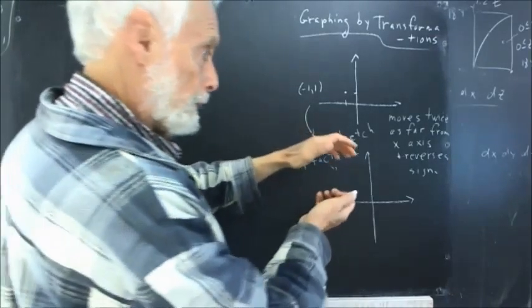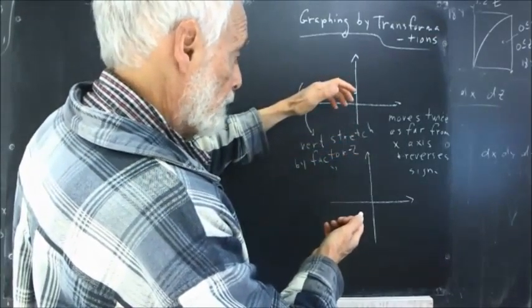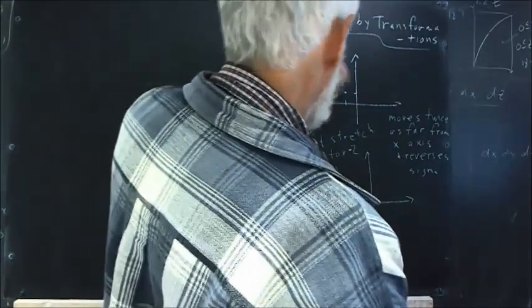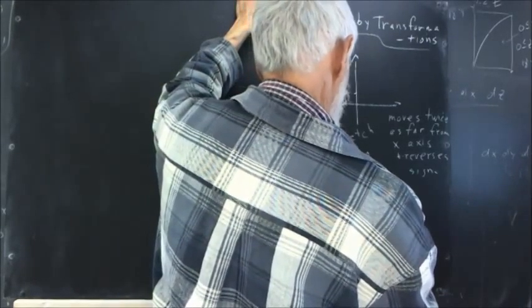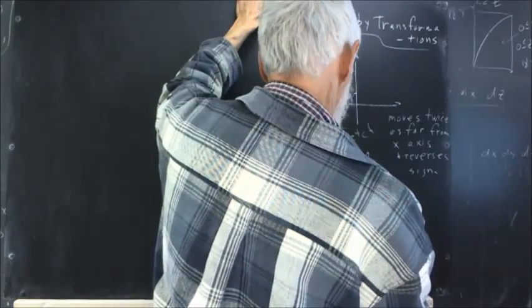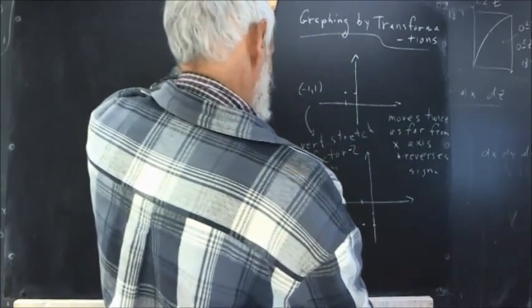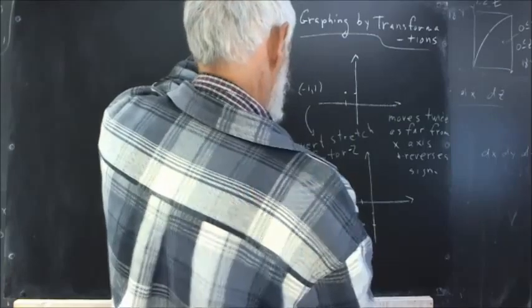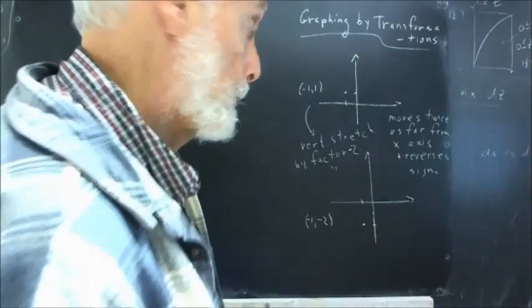That's going to have the effect of stretching our graph by a factor of 2 and inverting it. So what's going to happen to this point is it's going to become -1, sorry, -2. Okay?